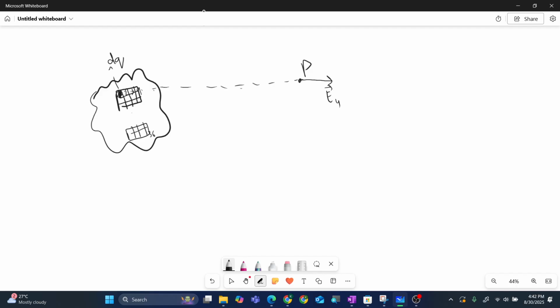So due to dq4, E4, and maybe part of charge 36 is here, so I could have an electric field due to this charge in this direction, which is E36. And now I'm going to add up all of these electric fields, all of this infinite number of electric fields, to get the electric field of this whole charge. And since I have a small charge dq, each will give me a small electric field dE.